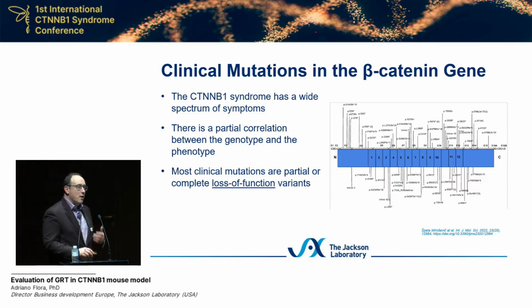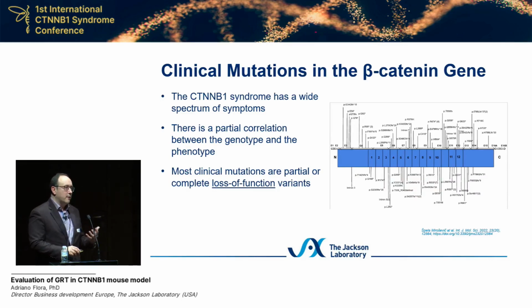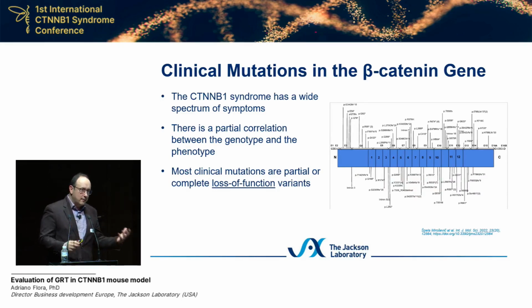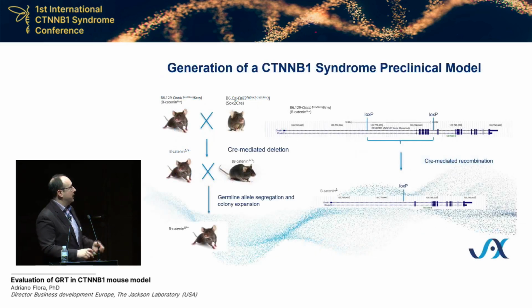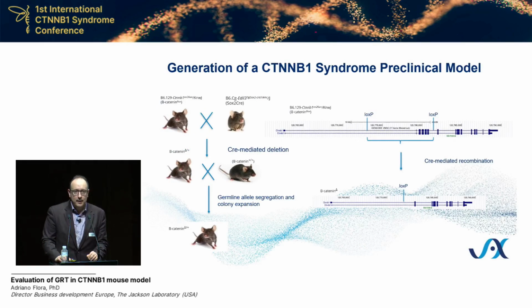So these are mutations that essentially disrupt the function of the gene. If you want to generate a model that recapitulates most of these features, one approach is to delete it so that you create a copy of the gene that has no function. And luckily enough, the Jackson lab had a model in its repository that allowed for the generation of this deletion model.